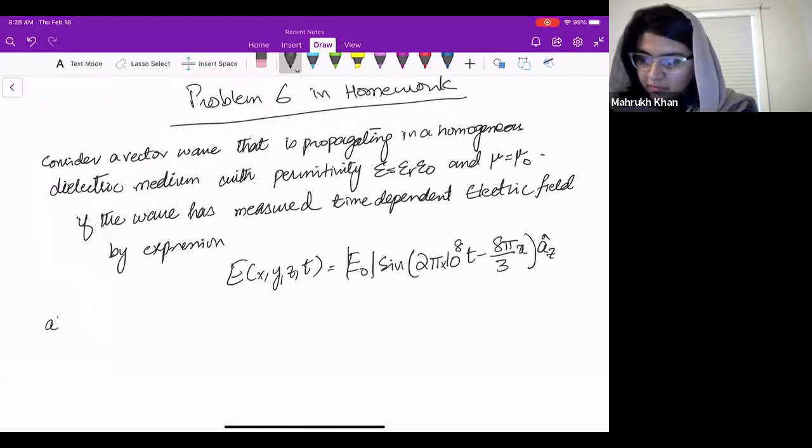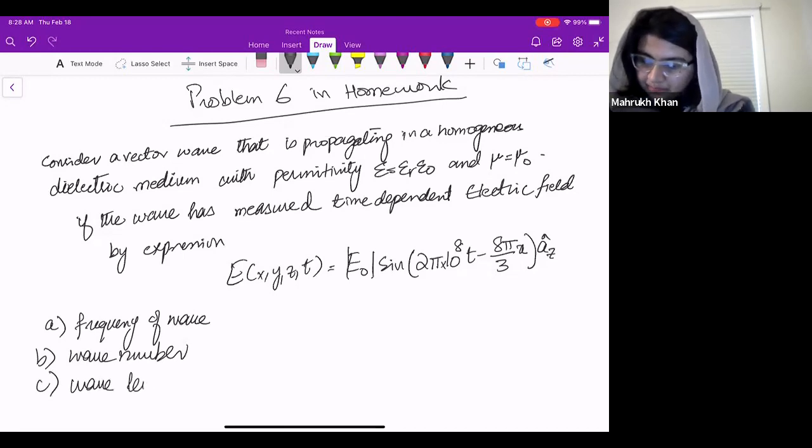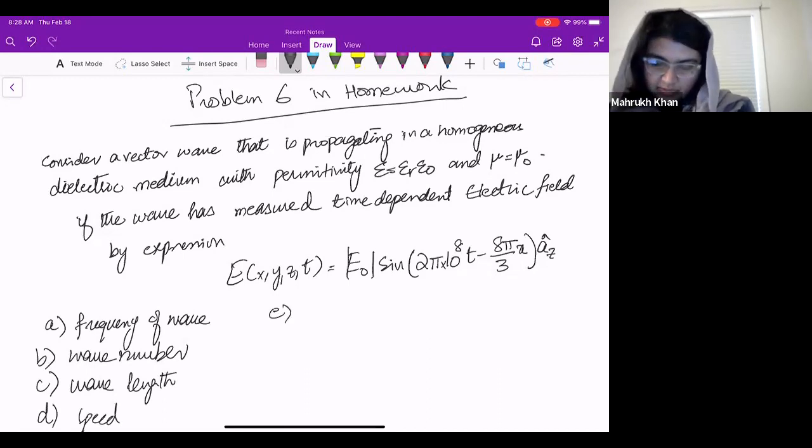Okay, so we need to find frequency of the wave. We need to find wave number. We need to find wavelength. We need to find speed. We need to find relative dielectric constant, which is epsilon r.